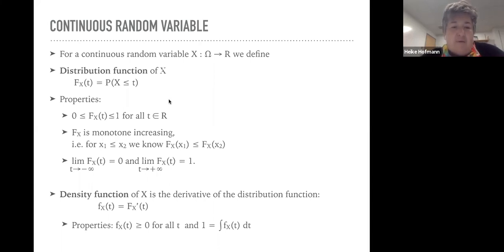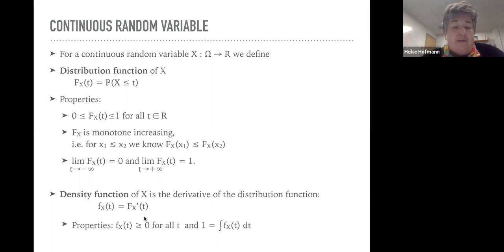Sometimes we're also talking about densities. And the density is defined as the derivative of the distribution function. So little f is the derivative of capital F with respect to t.